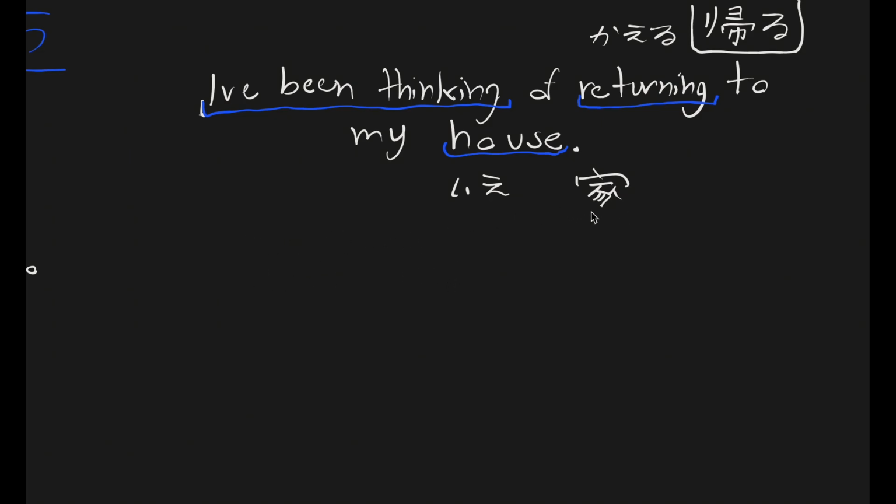So we're going to start with house, or ie. So ie ni. And then we'll go with returning, or to return. So we have kaeru, kaeru. Now, what type of verb is kaeru? Well, kaeru is not a ru verb.